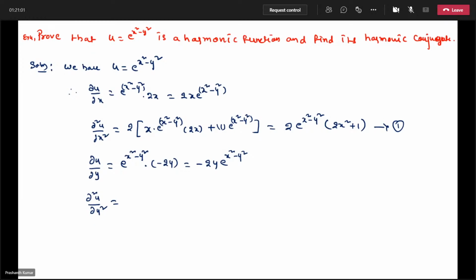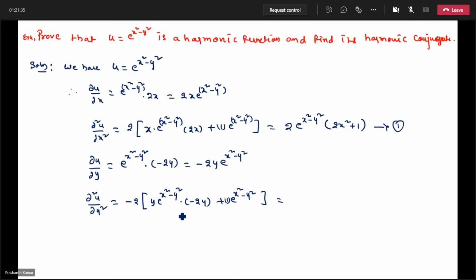again we are differentiating. So minus 2 we take outside, and this is y into e to the power of x square minus y square into the y square derivative, minus 2y, plus y derivative 1 into e to the power of x square minus y square.